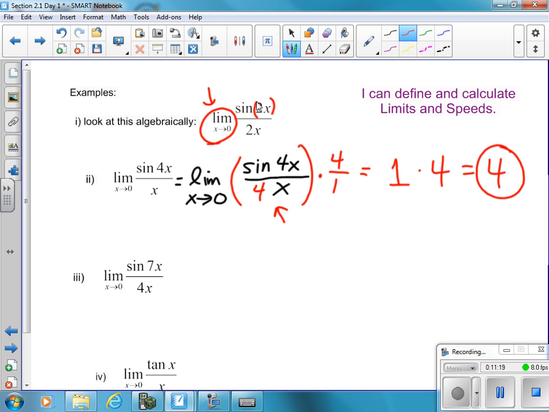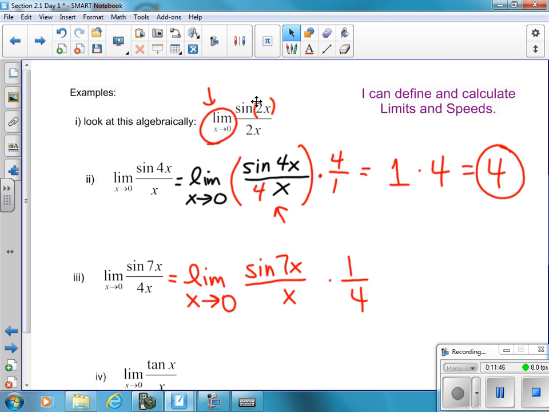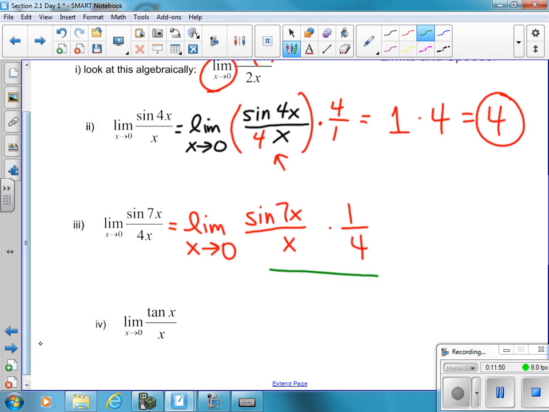Second example, we have sine of 7x over 4x, and we actually want this to be sine of 7x over 7x, so that we can equate that to 1. So I'm going to separate my 4 and my x in the denominator. Those two are equivalent: sine of 7x over 4x is the same as sine of 7x over x, times 1/4.